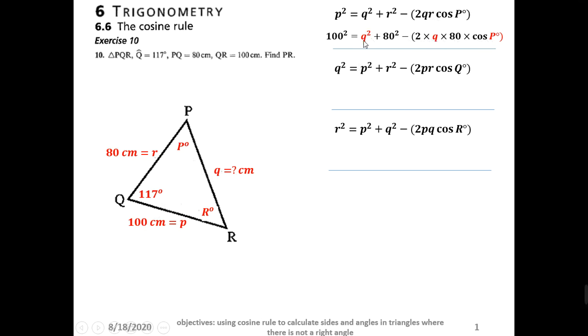Why did I put this in red? Because I have two unknowns, Q and P, which means this equation cannot be solved.